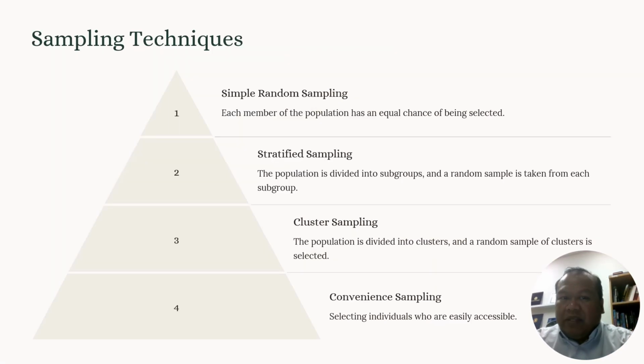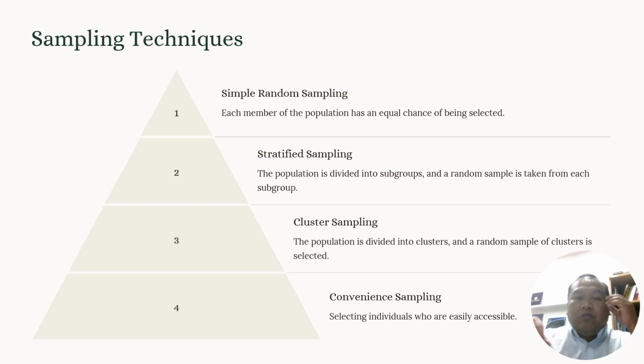And then you have the sampling techniques. You have simple random sampling, which means each member of the population has an equal chance of being selected because you just randomly choose people. For example, let's say there are 50 people in the classroom and you want to interview only 35.